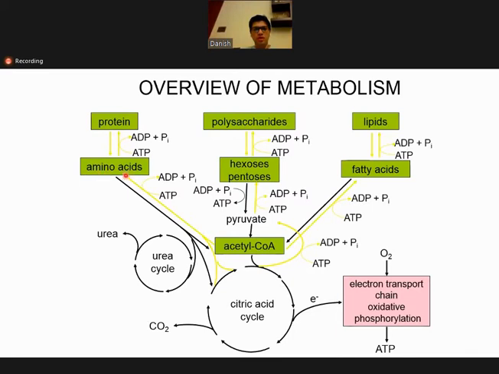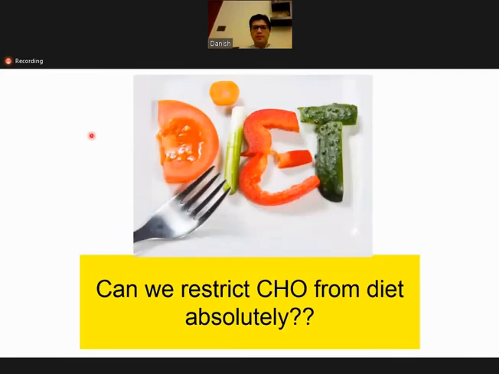Amino acids are deaminated; the amino group is released and the ammonia is excreted in the form of urea through the urea cycle, whereas the carbon skeletons of the amino acids contribute to the formation of acetyl-CoA, which again goes into the TCA cycle and the electron transport chain to provide energy. So acetyl-CoA is the common intermediate metabolite synthesized from all three major macromolecules: lipids, polysaccharides, and proteins.